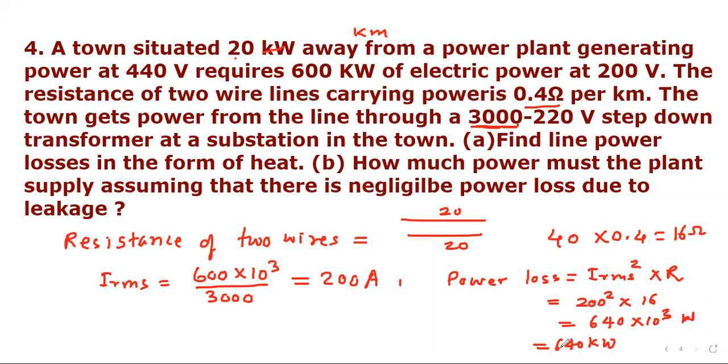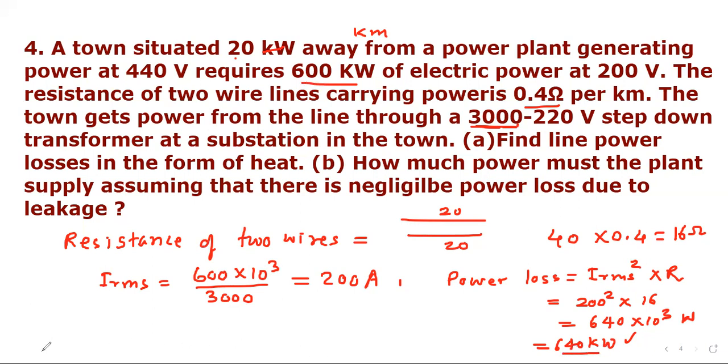Now we have got the power loss, and we have to find out the total power. The substation requires 600 kilowatt and the power loss on the way is 640.